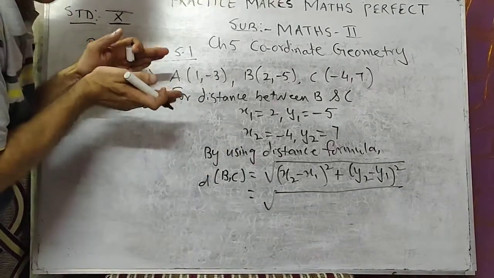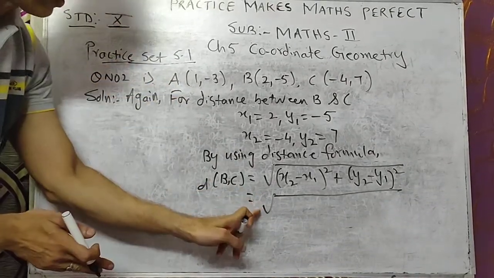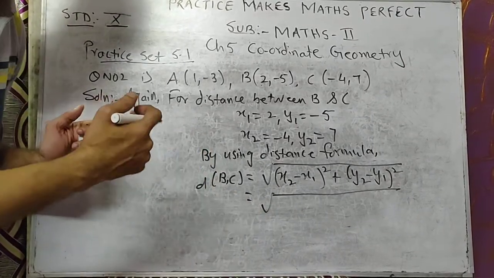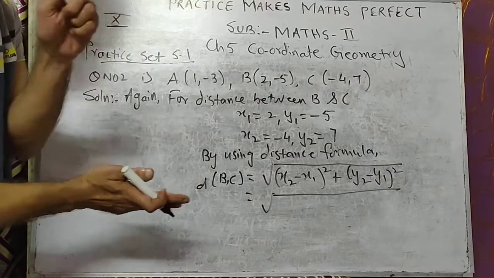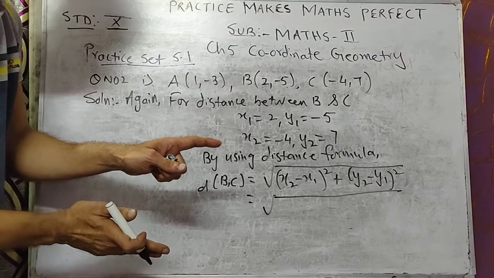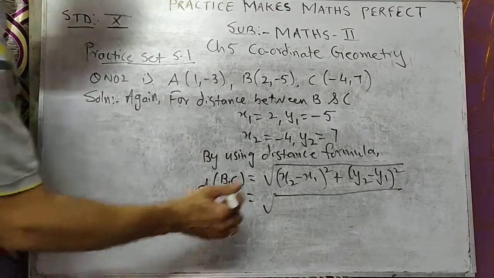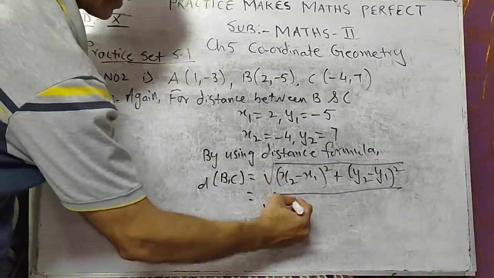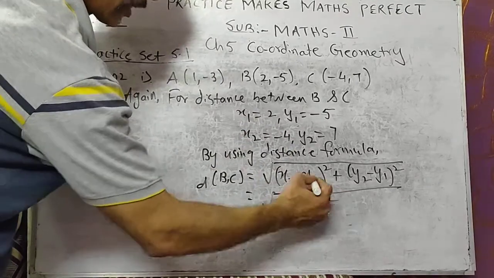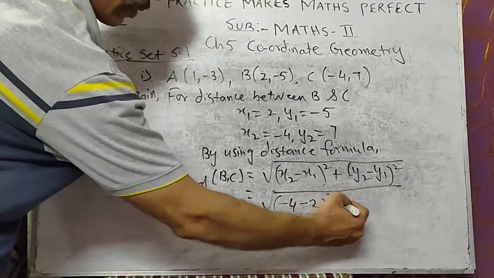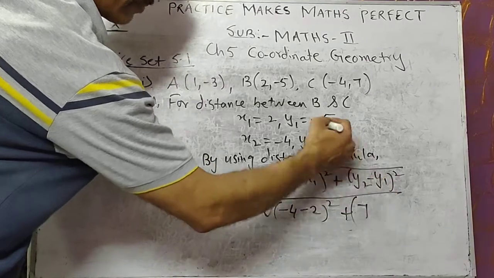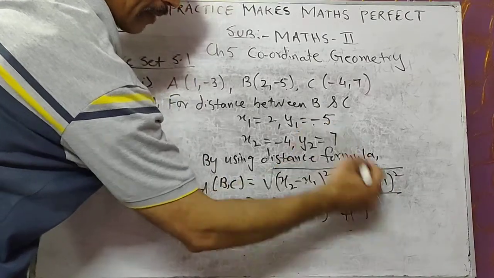Once you have written it in the sum, the second time you can start directly from here; the sum will be short and full marks will be given to you. Don't worry about the marks, but I am showing you in detail here. So x2 is minus 4 and x1 is 2, so minus 4 minus 2 whole square plus y2 is 7 and y1 is minus 5. So minus minus becomes plus.